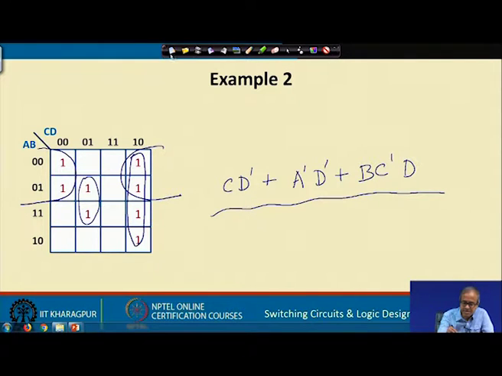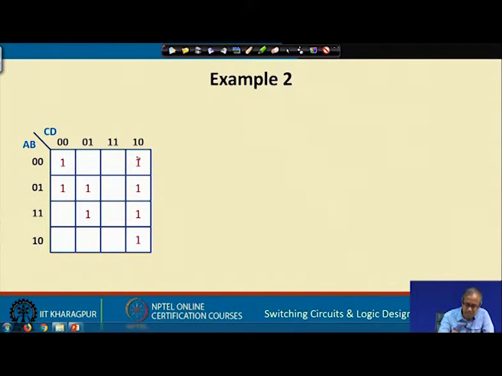Just the thing that I mentioned, let me just tell it once more. Suppose we had constructed this cube, biggest possible, but suppose I also have constructed a cube like this, then this one will also remain left out, so I will also have to include it.